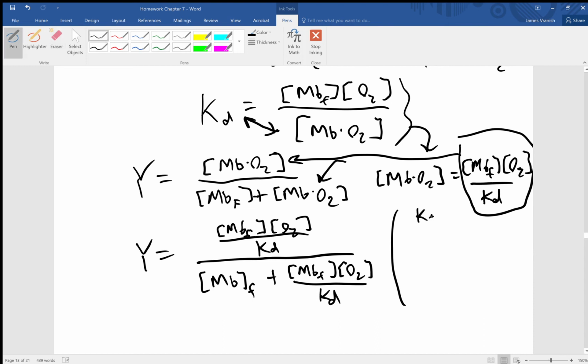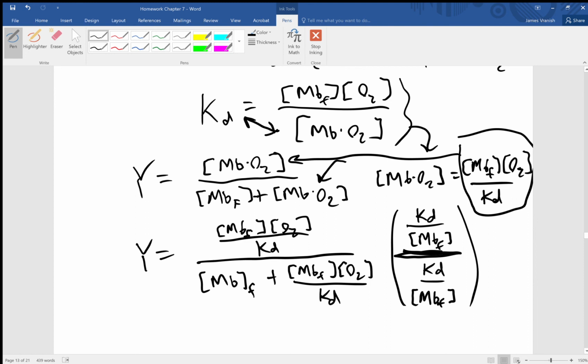We're going to have Kd on the top in both cases because we want to get rid of that dissociation constant in the bottom of the fractions within the fractions. And we're also going to divide each part by the free myoglobin concentration, so we have that fraction over the exact same fraction. All we're doing is multiplying this by 1.